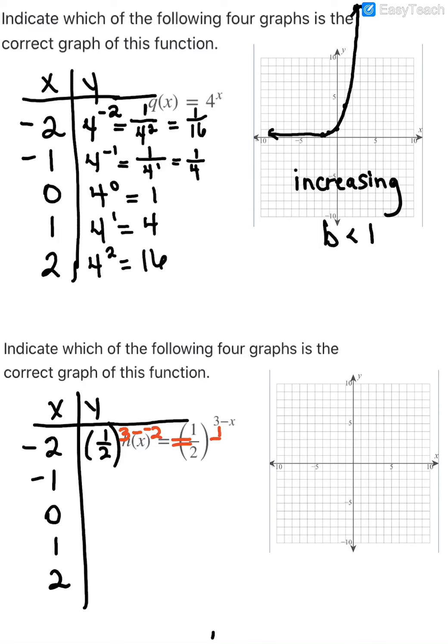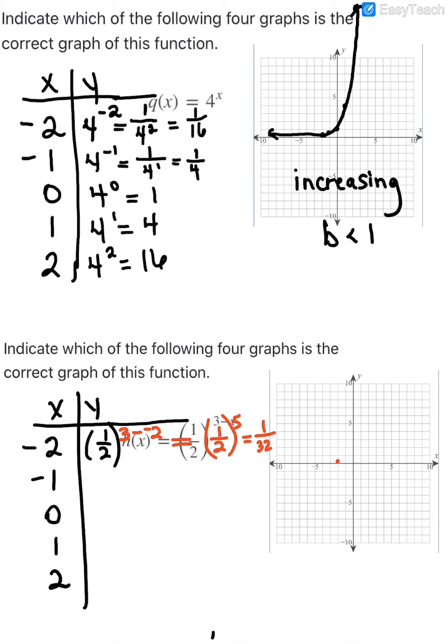So I end up with 1/2 to the positive 5 power. So on top, 1 to the 5th is 1. On bottom, 2 to the 5th will give me 32. So when x is -2, again, I'm very, very close to that axis at 1 over 32.